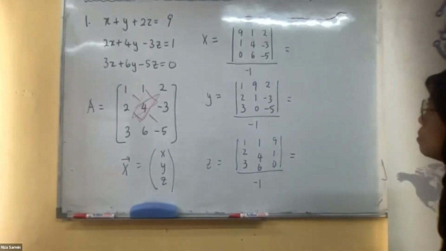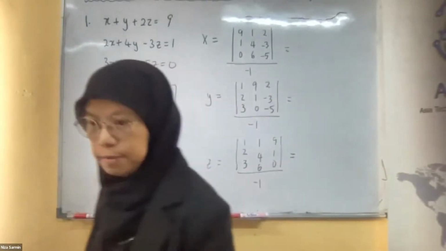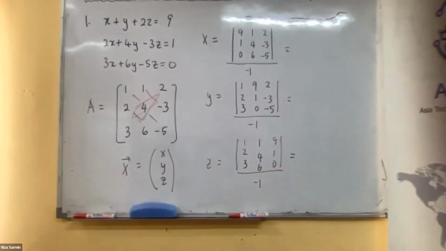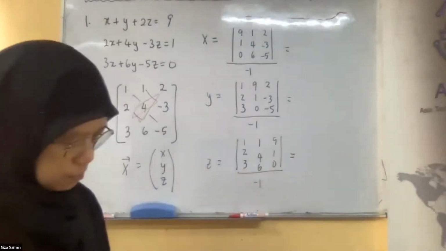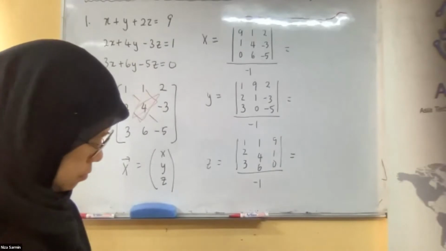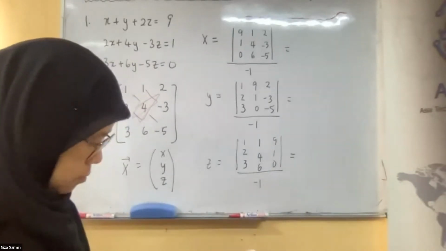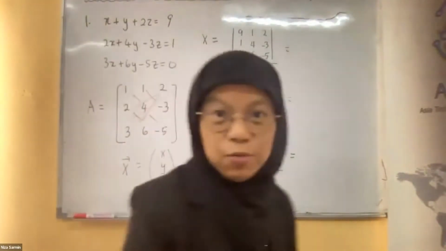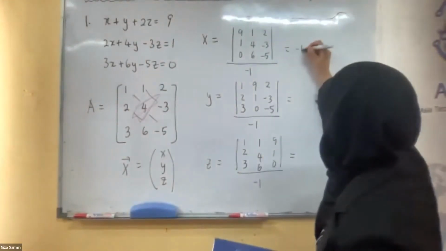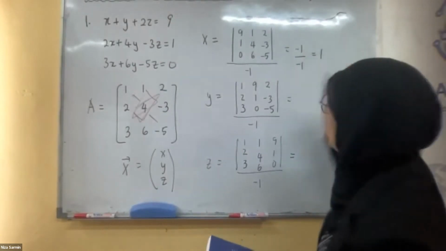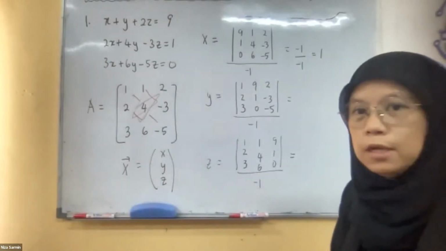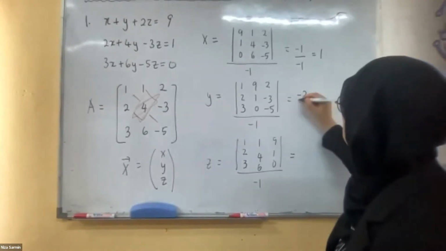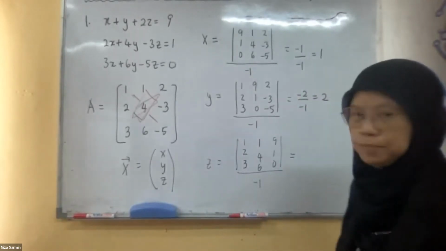So help me to calculate. Negative 1 over negative 1, which is 1. The next one is negative 2, which is 2.